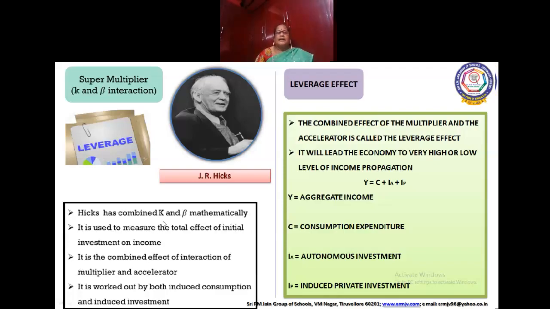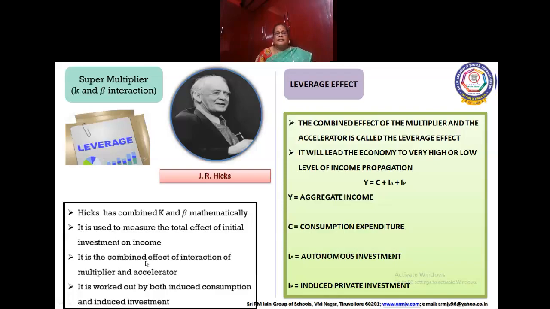Hicks has combined K, the multiplier, and beta, the accelerator. Mathematically, how is it combined? It is used to measure the total effect of initial investment on income.